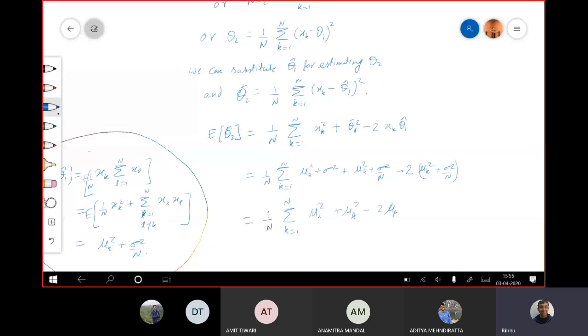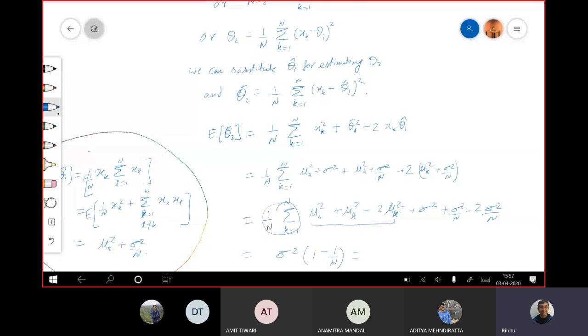And this is a constant, so 1 upon n, this summation gets cancelled out. So these get cancelled out, you get sigma squared into 1 minus 1 upon n equals n minus 1 by n sigma squared.